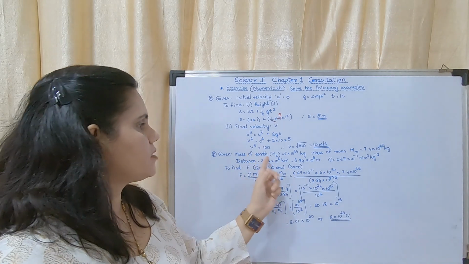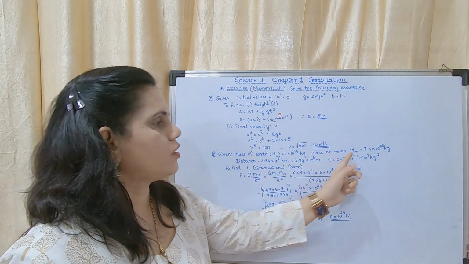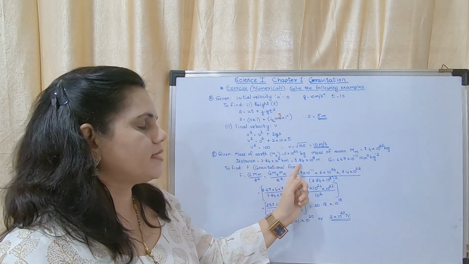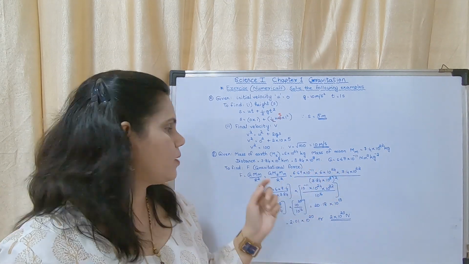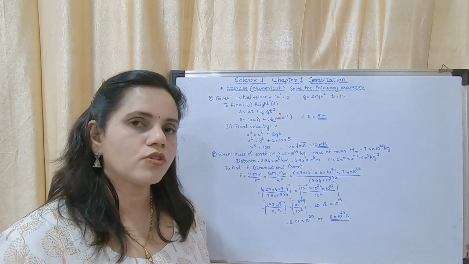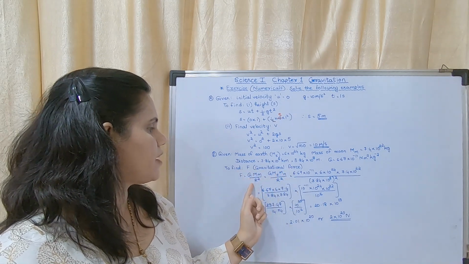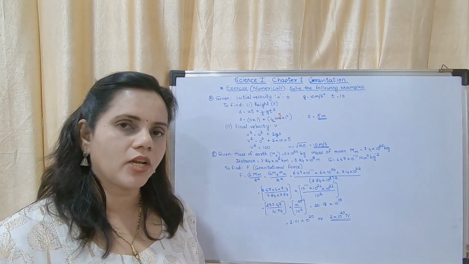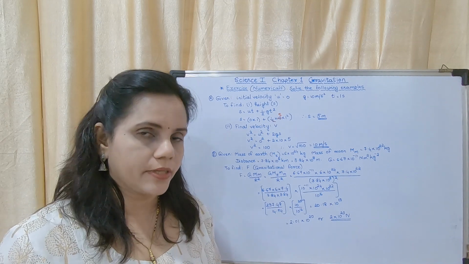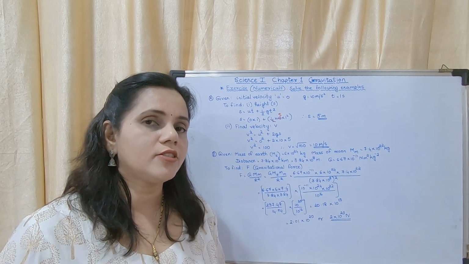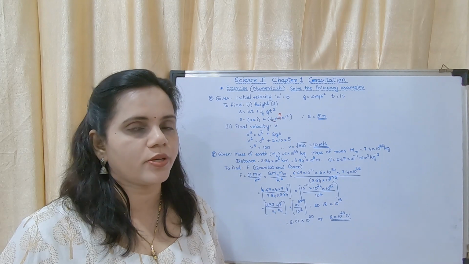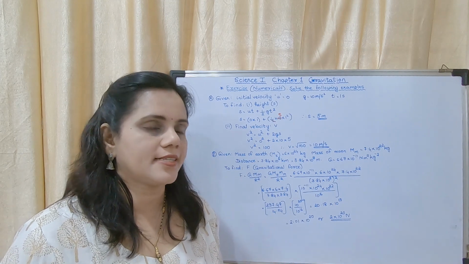Okay. So mass of earth has been given, mass of moon has been given, distance has been given, g you know. You have to find out the gravitational force of attraction. Now to find the gravitational force, the equation is F is equal to g m upon r square. You may use the other equation also. F is equal to g m1 m2 upon r square. The equation is the same.